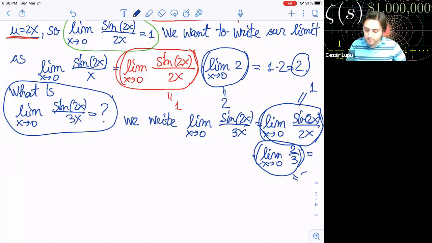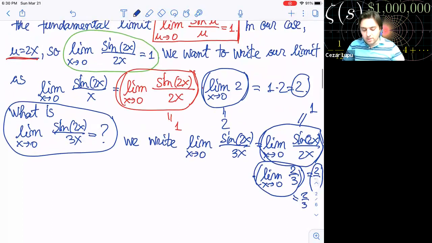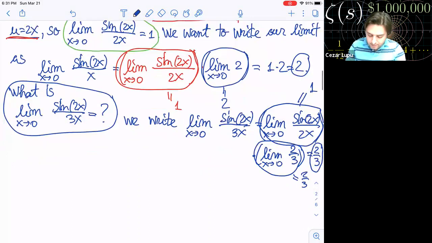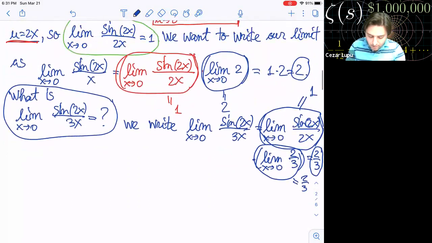Two over 3, correct. So the limit will be 2 over 3. See, the constant is a bit different, but you can play around, you can modify this as much as you want. Anyway, I hope it's clear. So let's move to the second one.